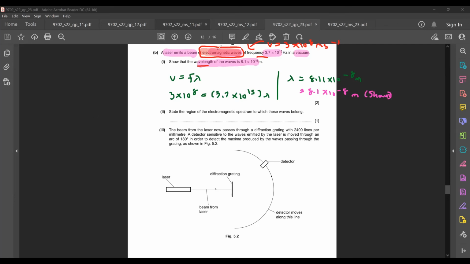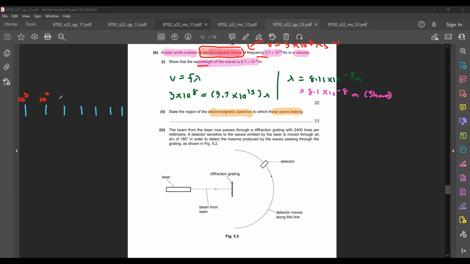Okay, last one. State the region of the electromagnetic spectrum to which these waves belong. This one is actually the question where you need to reproduce your EM wave spectrum. Just draw those vertical lines like this. Always start with 10 power 3, then divide by 10 power 3 each time.